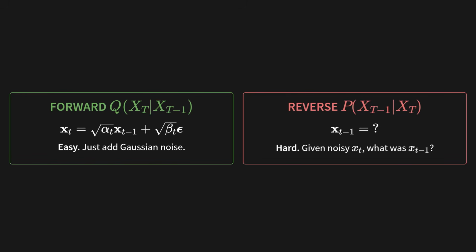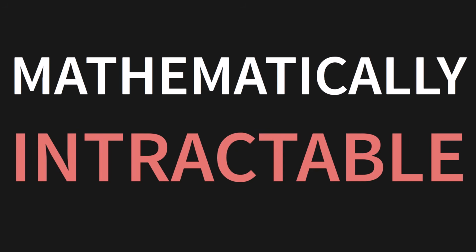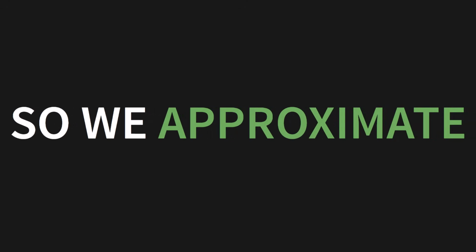It's hard. In fact, it's more than just hard. Mathematically, it's intractable. You can't just subtract the noise because you don't know which random noise was added. Calculating this probability directly would require using the entire dataset for every single step. It's computationally impossible.